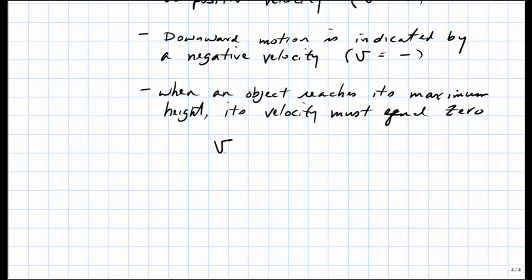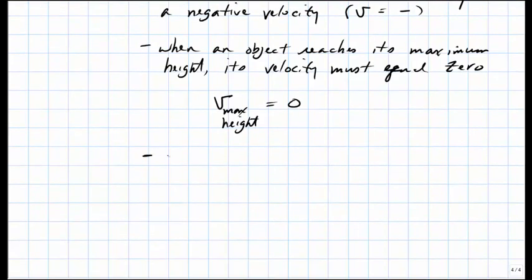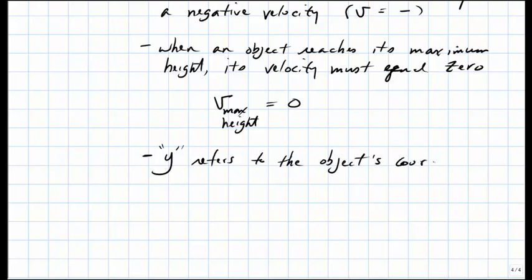In other words, v at max height equals 0. And the final observation is that y refers to the object's coordinate, and not the distance traveled.